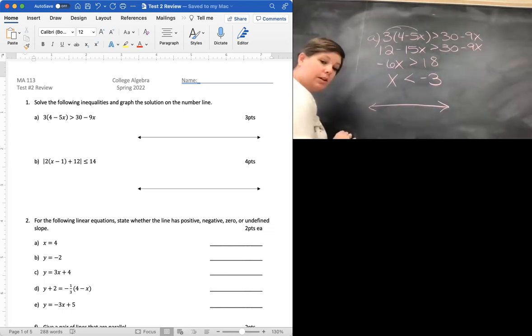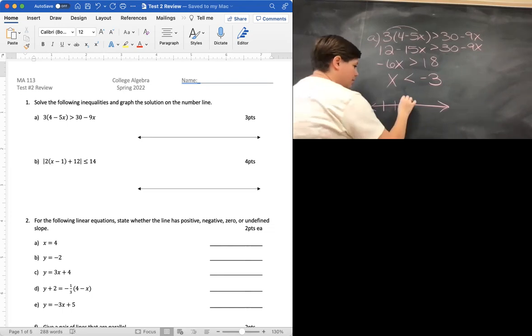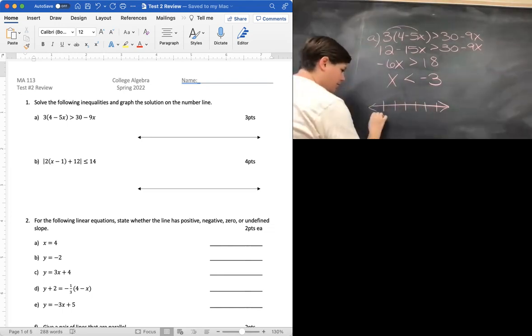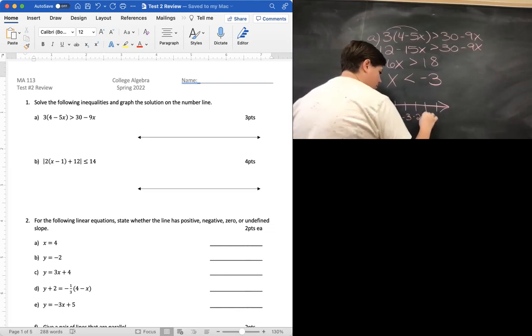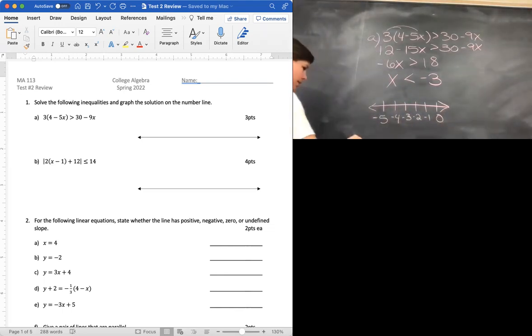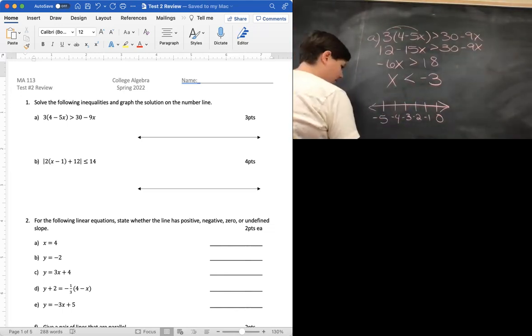So I provide you a number line. I give you like 2 numbers before and a couple numbers after. So I have -5, -4, -3, -2, -1, and 0. I need to graph x is less than -3 on this number line.